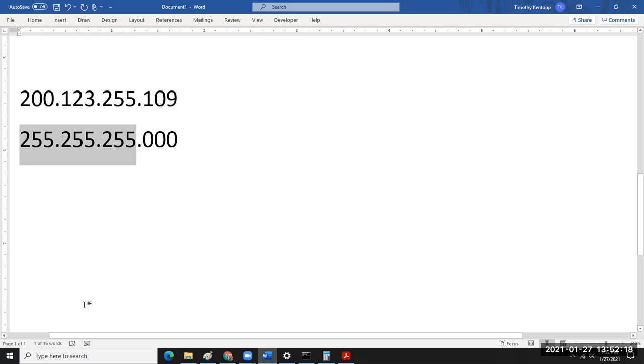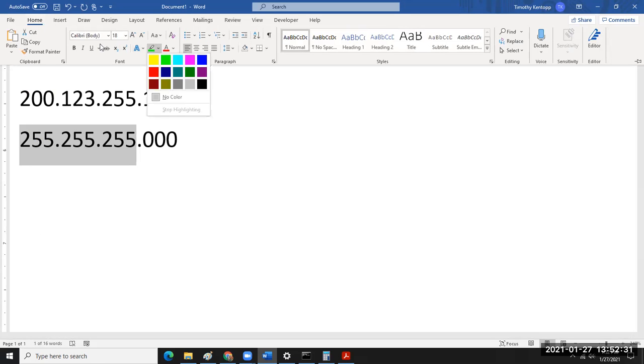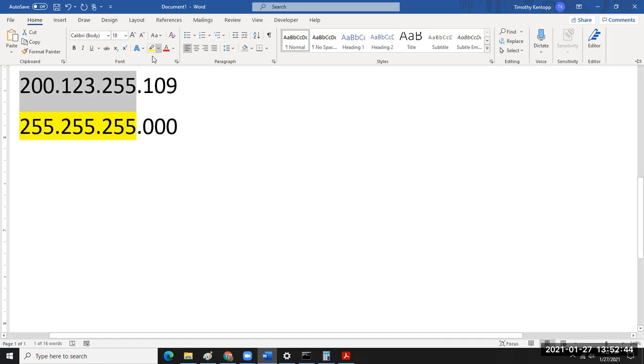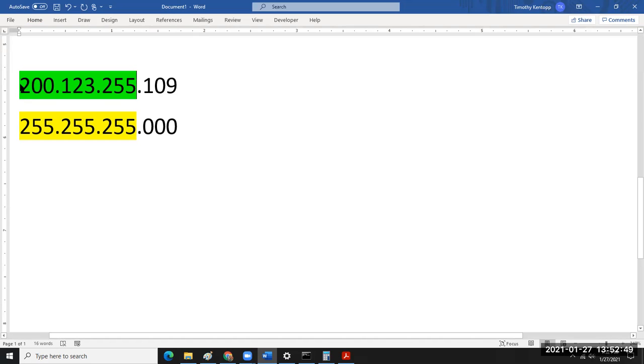Well, I like to highlight it. So how many of you have yellow highlight on your 255s now? I do. Okay, color coding. I know this is very rudimentary, but just follow with me, right? Now what am I going to do with this value here? Highlight that as well. I'm going to highlight that green because these numbers are good. Green is good. So I'm also going to copy and paste that.